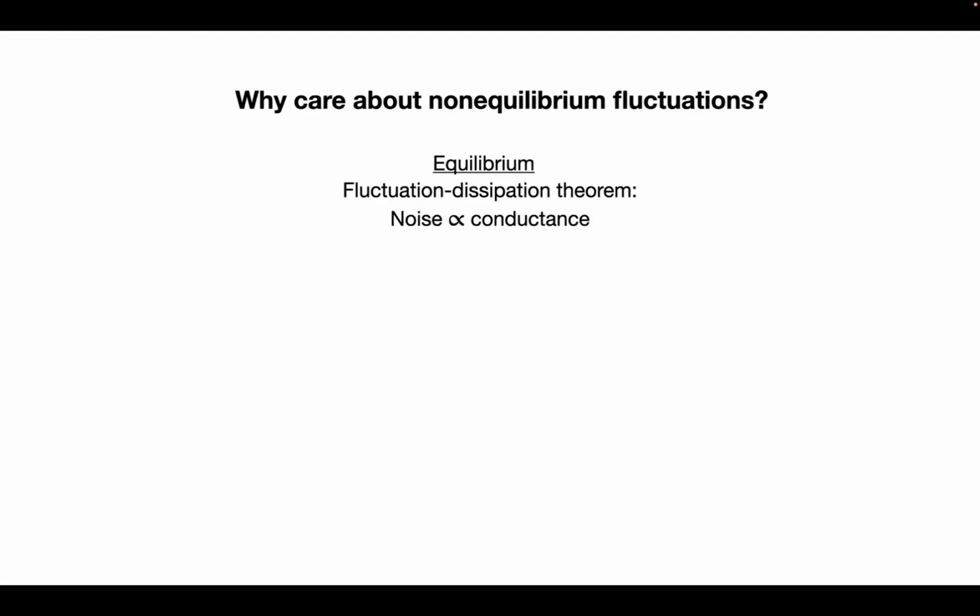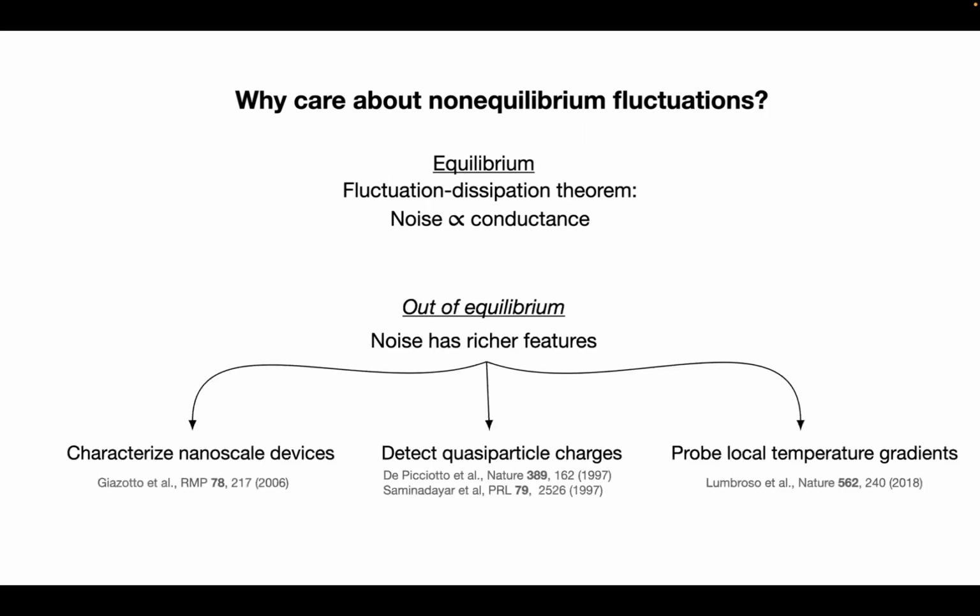And also, the main focus of this talk is going to be non-equilibrium fluctuations. In equilibrium, we all know that the fluctuation-dissipation theorem says that the noise is proportional to the conductance, and this is a nice connection, but it also means that measuring fluctuations doesn't tell much more than just doing, for example, conductance measurements.